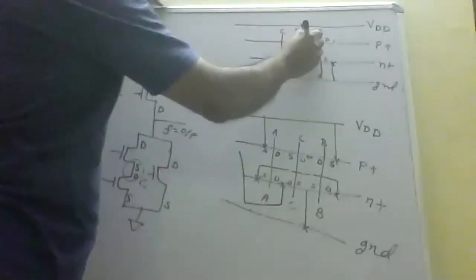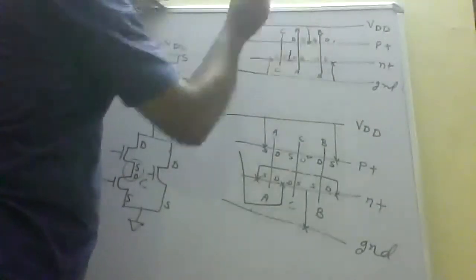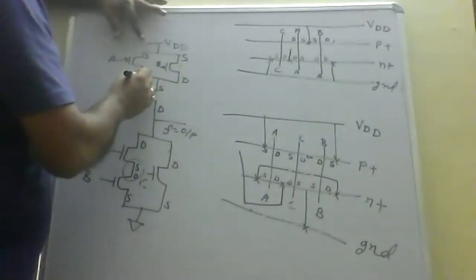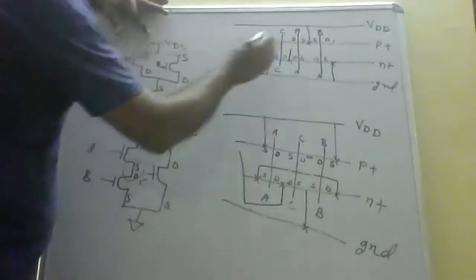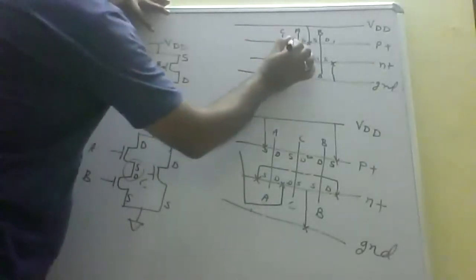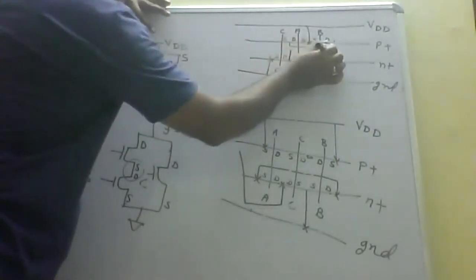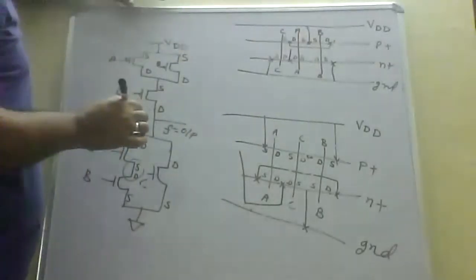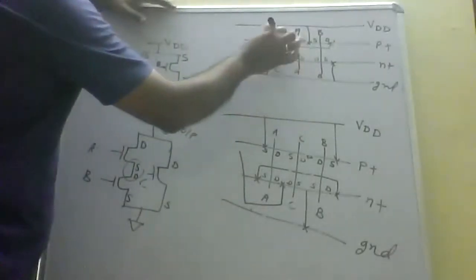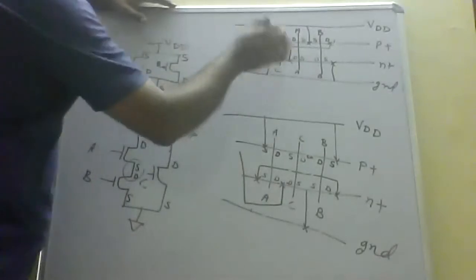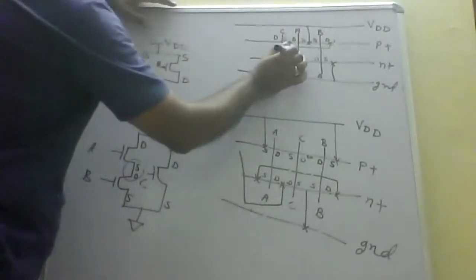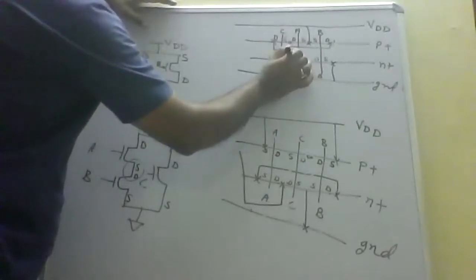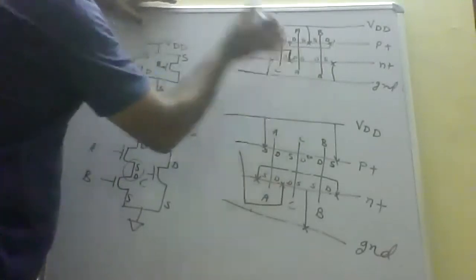Sources are connected to VDD, so it is connected here, and the two drains are connected together with the source of C. So the source of C will be here. And if the source of C is here, this will automatically be the drain, and the drain is the output of this function. So here we connect the output, so it will be connected like this.